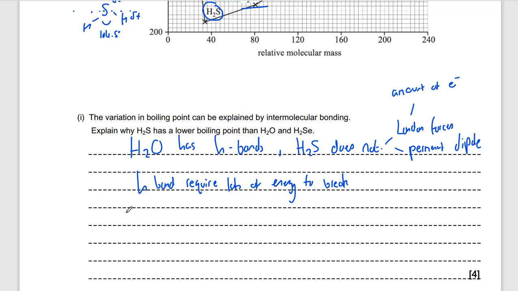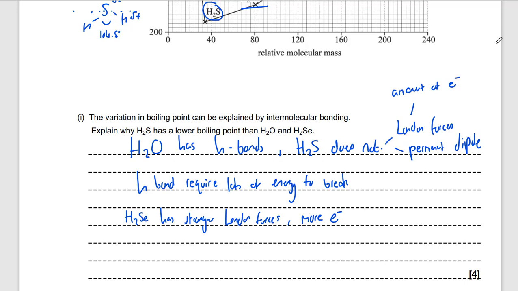So your next part is basically saying that H2Se has stronger London forces because it's got more electrons. And you don't need to say anything else to get the mark.